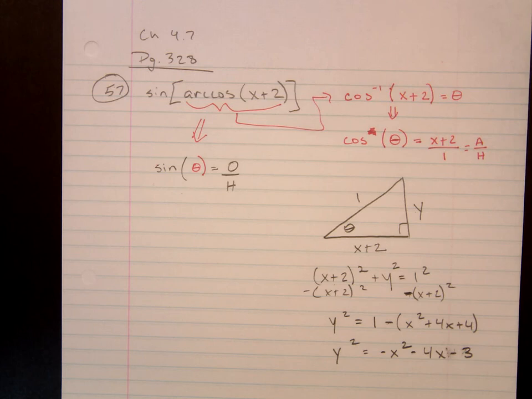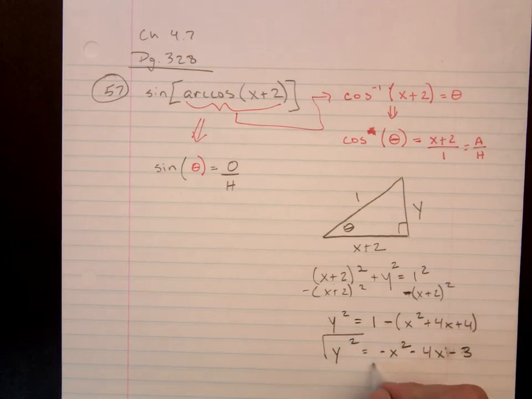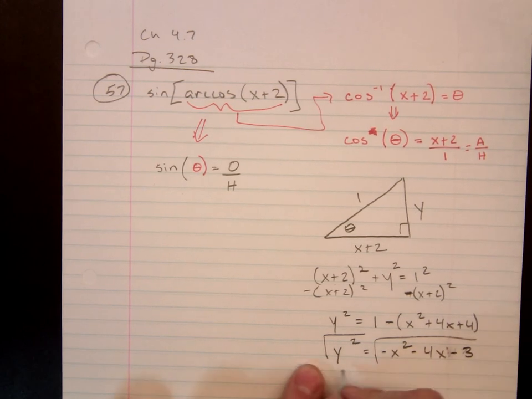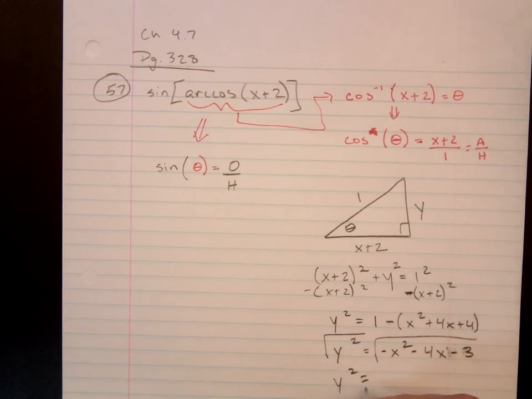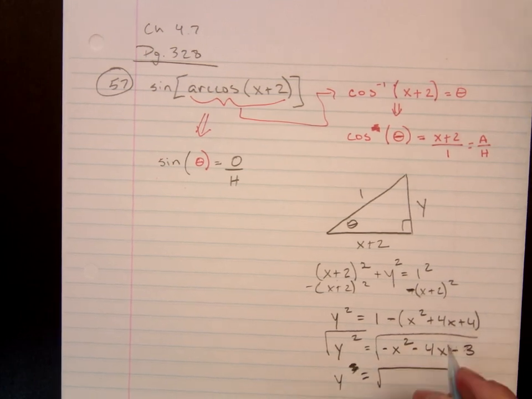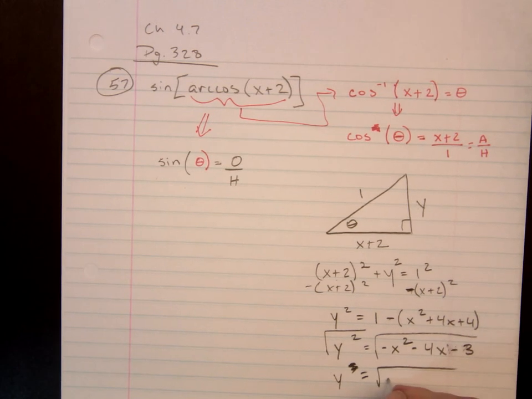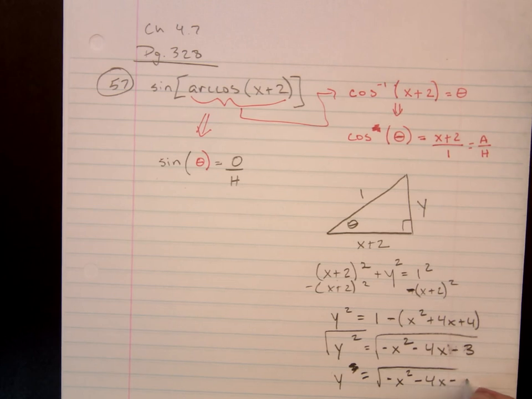Now, to finish this one up, what we're going to go ahead and do is take the square root of both sides. Okay, and so we get that y is equal to the square root of negative x squared minus 4x minus 3.